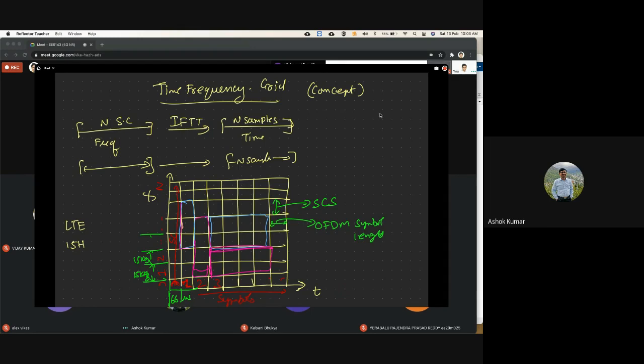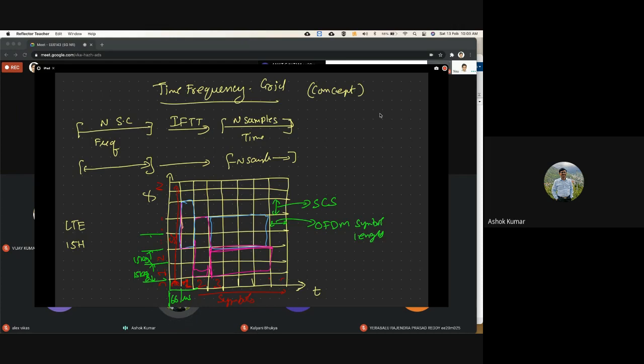May I answer this in a different way, in case you allow? Yes, please. Let's take an example that we have 5 megahertz bandwidth in total. From that 5 megahertz, from both sides, you remove some guard band of some kilohertz, 60, 70 kilohertz perhaps. Then you divide by, say, 15 kilohertz subcarrier spacing, and you get n number of subcarriers.